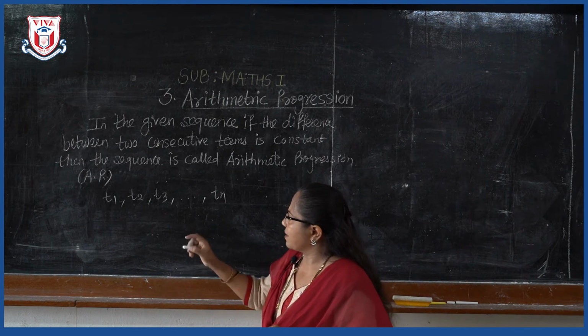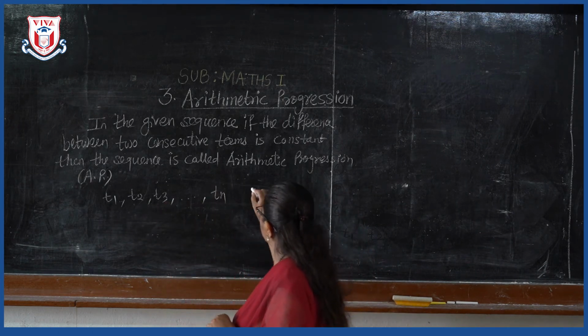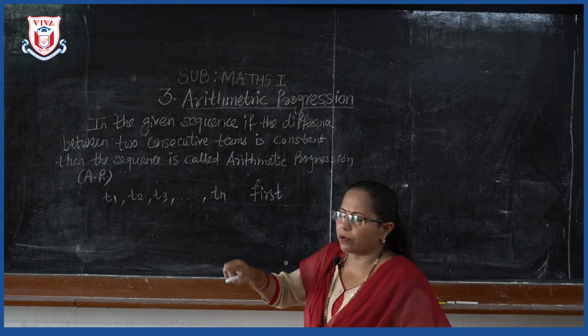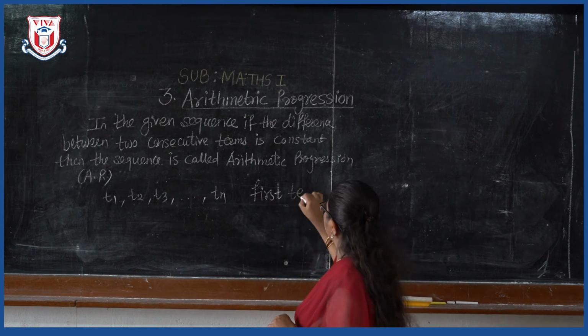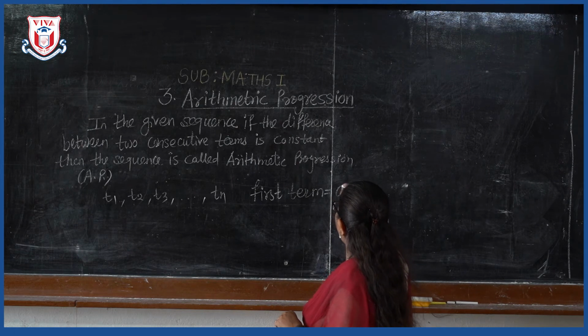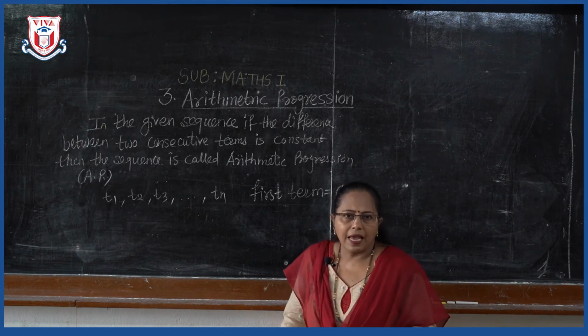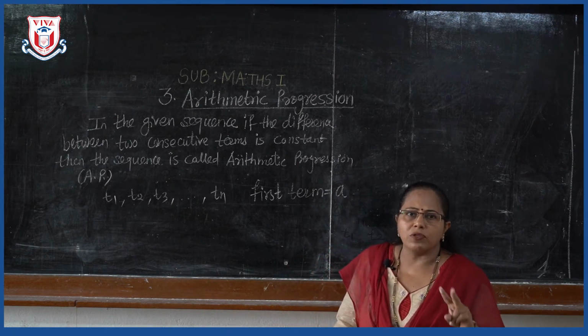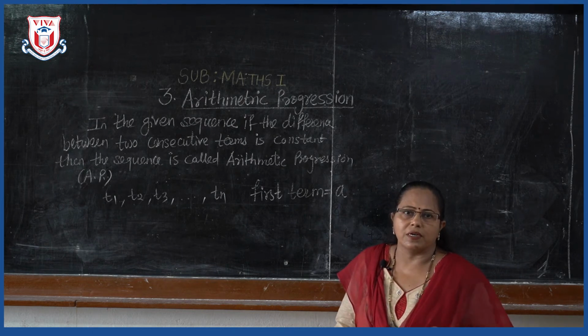So in that sequence, if the sequence is an arithmetic progression, the first term is denoted as A, and the difference between consecutive terms is constant.